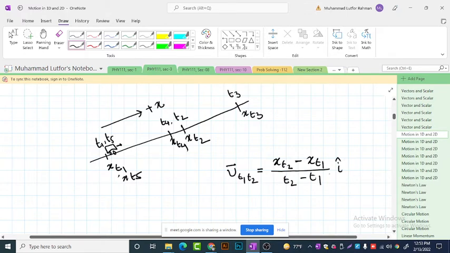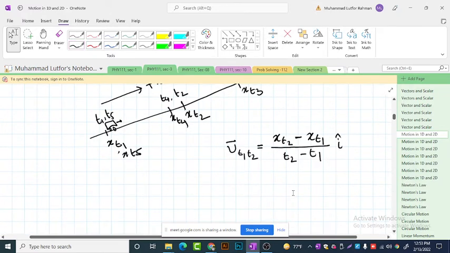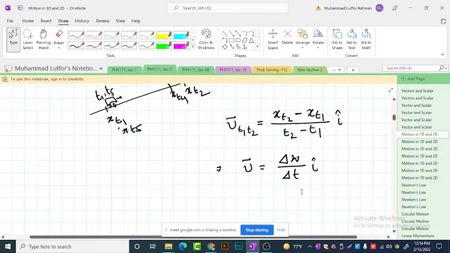Since it's one dimensional, I give that i hat. That would be the average velocity of the car between times t1 and t2, and we can simplify this: it is del x, the difference in the x direction, divided by del t, times i hat. That is the average velocity definition mathematically. It's a general definition, and we can write it in that way.